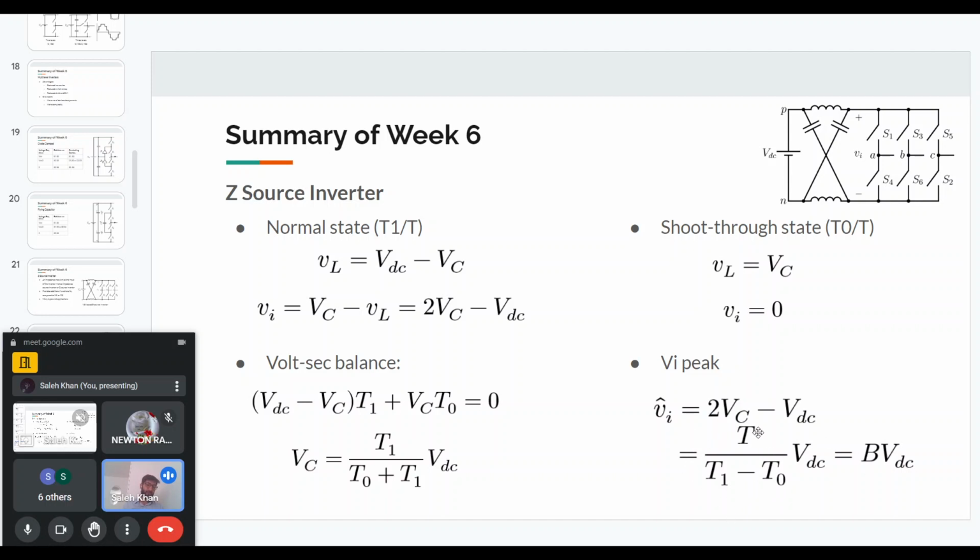And you will see that this factor is always greater than or equal to 1, because T will always be greater than T1 minus T0. T1 and T0 are both fractions of T. So T1 minus T0 will also be a fraction of T, and this whole thing will always be greater than 1. So basically the peak voltage of Vi is greater than the VDC voltage.